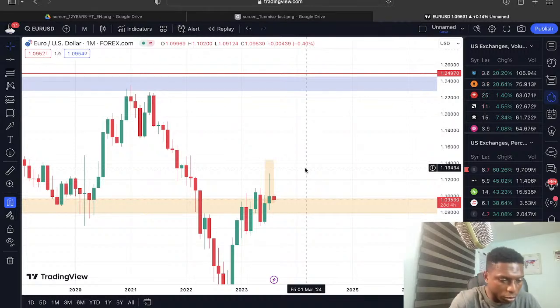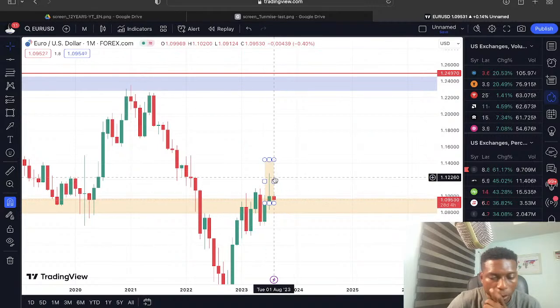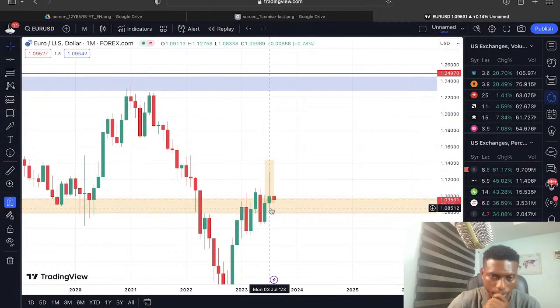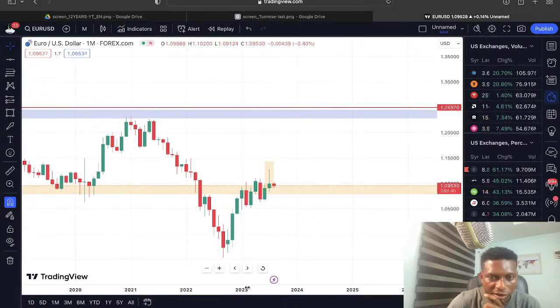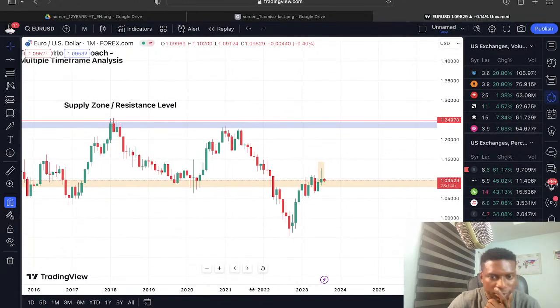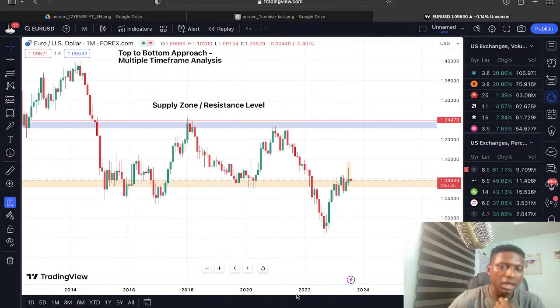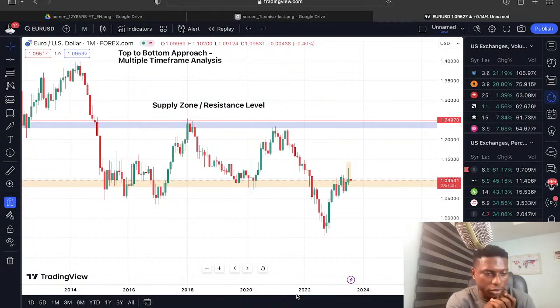Okay, somebody said doji. So this is a doji. Now a doji at a resistance zone says a lot.